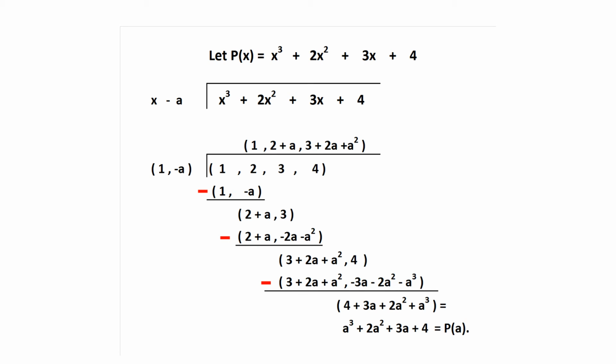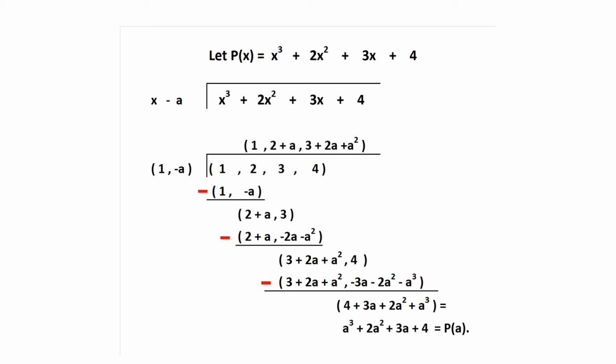So this brings the point, why do we use the remainder theorem? Well, the key is if P of a equals 0, that means that x minus a divides x cubed plus 2x squared plus 3x plus 4 with 0 remainder, and the quotient is the other factor times x minus a that gives you the polynomial.